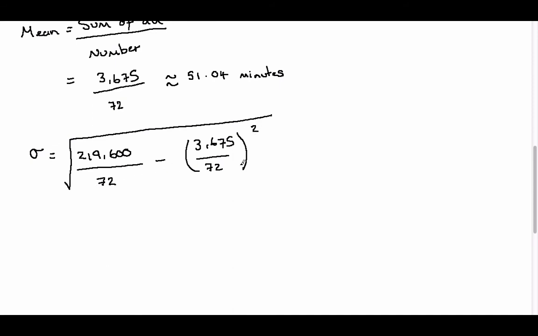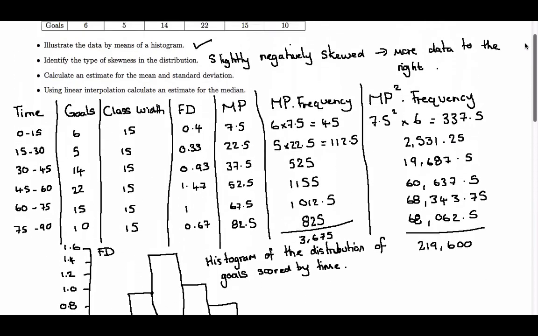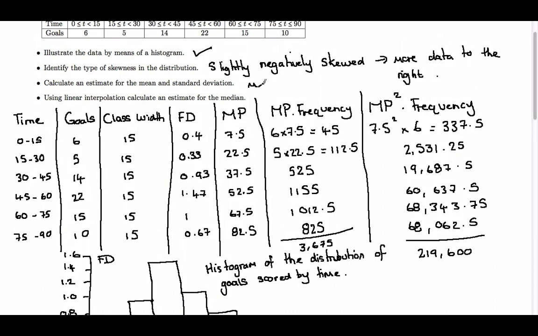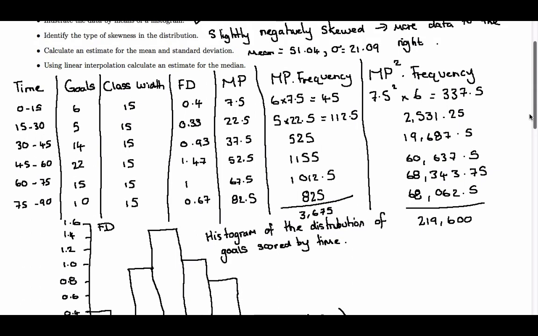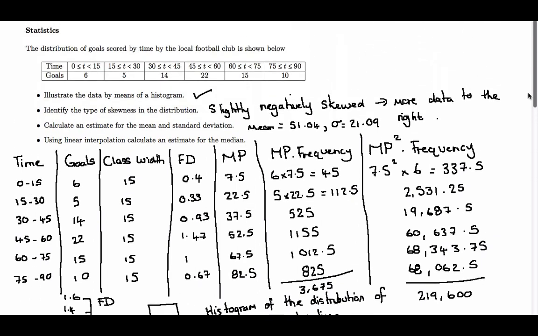And when we plug this into our calculator, we get 21.09. So I can say that the mean was 51.04 and my standard deviation is 21.09.